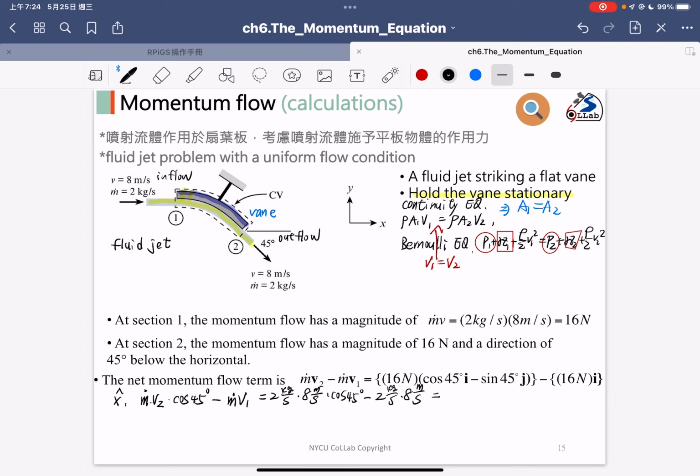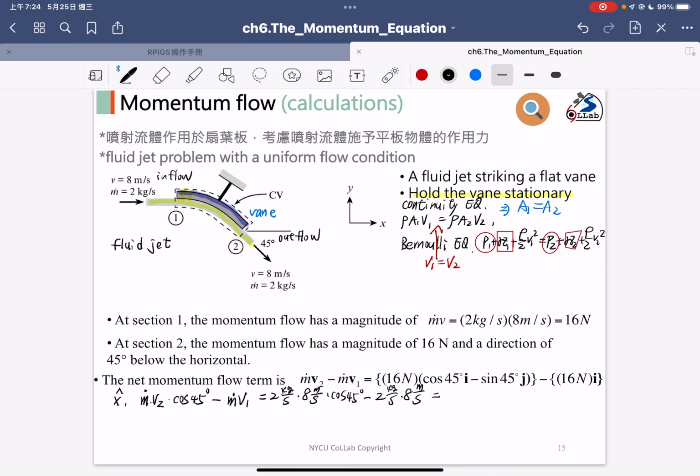So you can use your calculator to compute the answer: cosine 45 degrees minus 1, multiplied by 16.